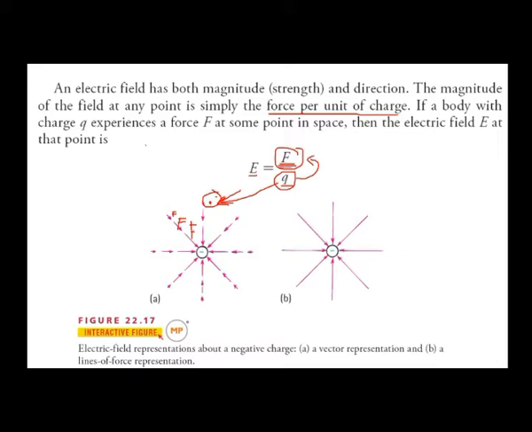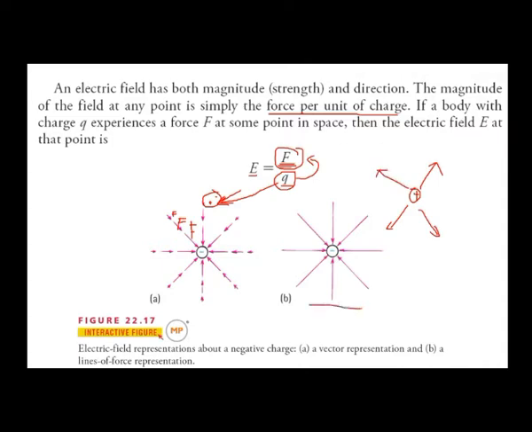And by convention, the electric field direction of a negatively charged particle is towards the particle itself. You can see here that the electric field is directed towards the negative charge. And if that is a positively charged particle, then the electric field is going away from the particle. So that is our convention in terms of direction.